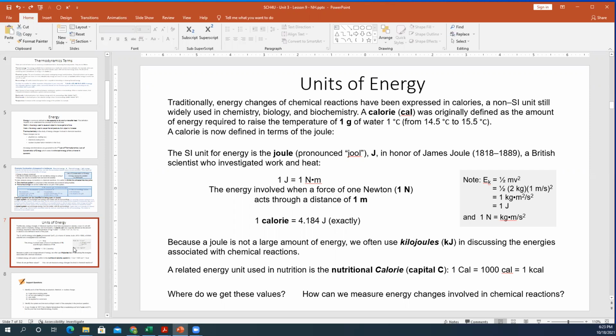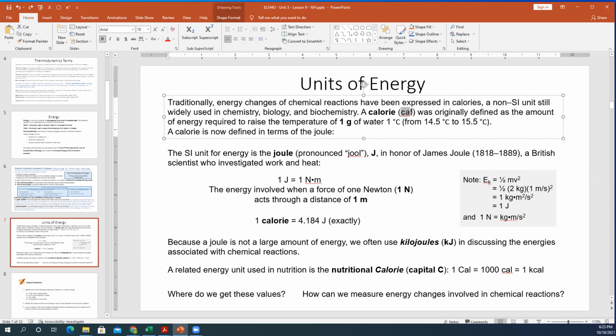A calorie, written as lowercase cal, was originally defined as the amount of energy required to raise the temperature of 1 gram of water by 1 degree Celsius.